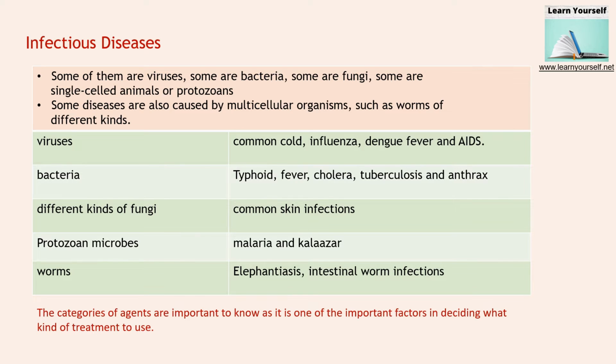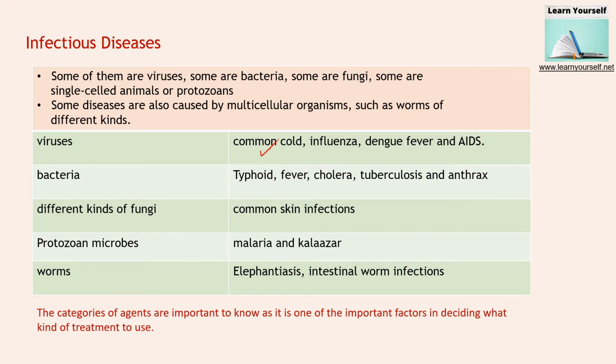So this is a table of that, and it will tell us that if we are having a common cold, then the microbes responsible for that are viruses. Similarly, influenza, dengue fever and HIV AIDS, viruses are the cause for these diseases or these infections. Bacteria will cause us typhoid fever, cholera, tuberculosis and anthrax.